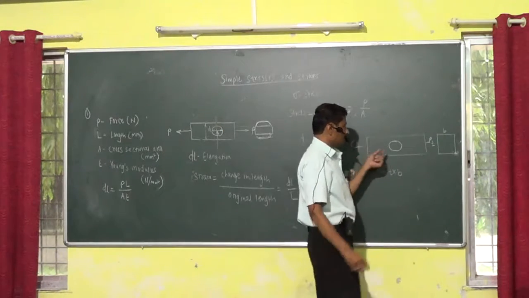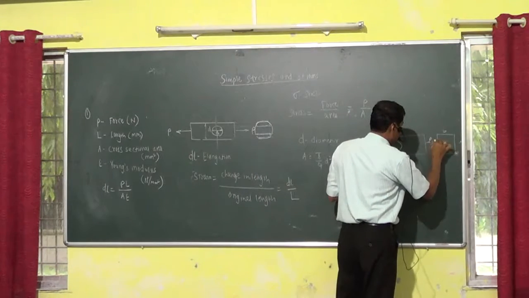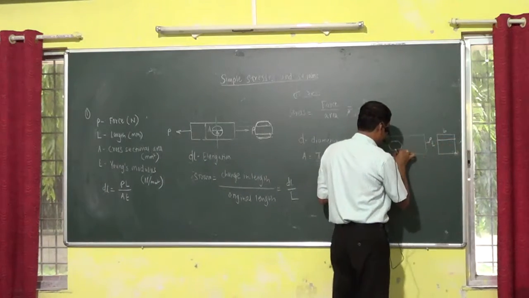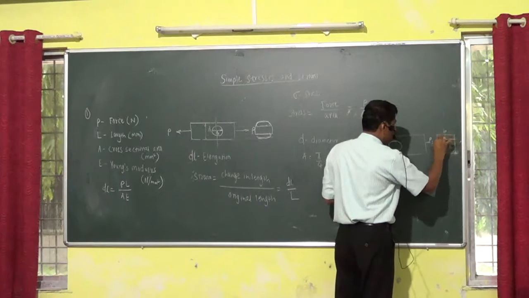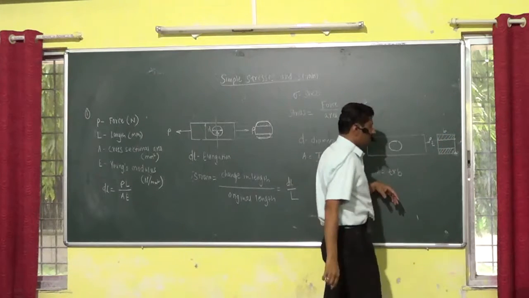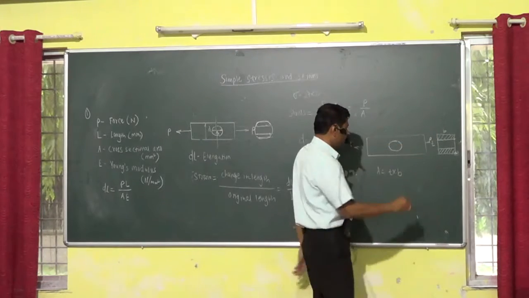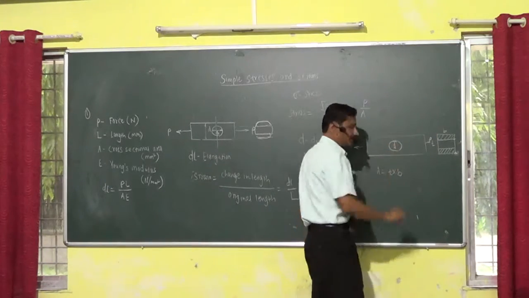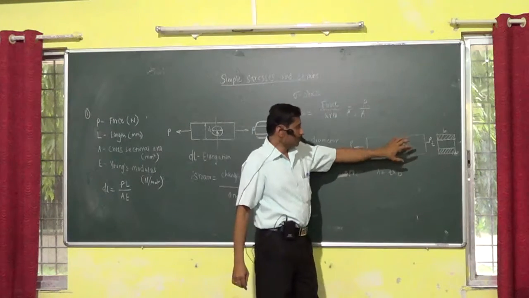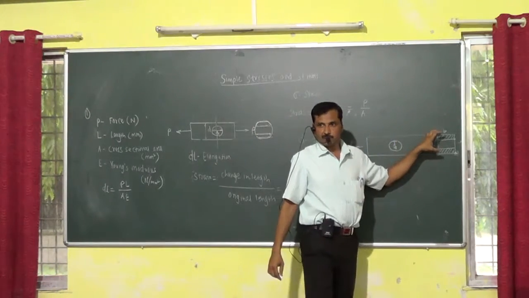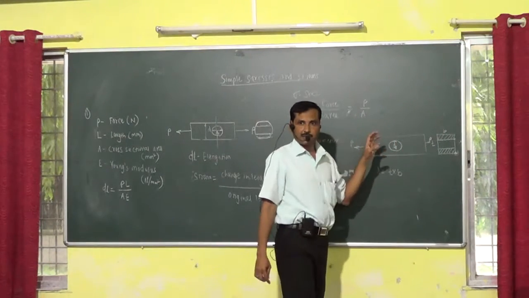If we take its cross section and look from this side, then definitely this much area will have to be considered. If we consider T as the total thickness and D1 as the diameter of this hole, then D1 will get subtracted from T, and then what will be the reduced area in that case?